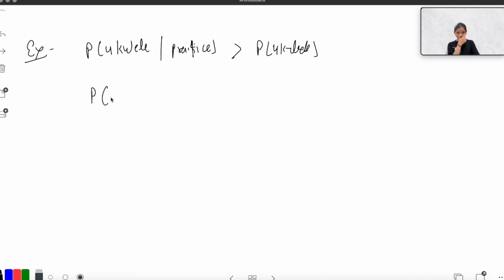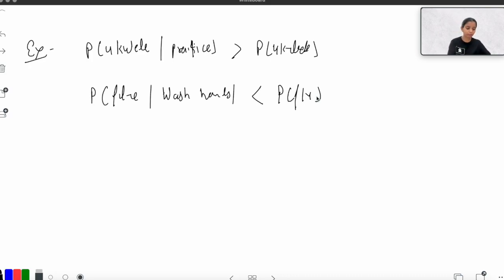So the probability of getting the flu for a health enthusiastic person who washes their hands frequently is lesser than the probability for the rest of the population. So depending on my data, on the given information we have, your posterior probability can increase or decrease. In the light of new data, it can happen in both ways.